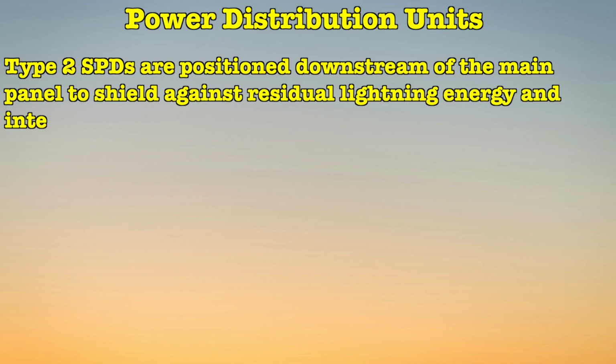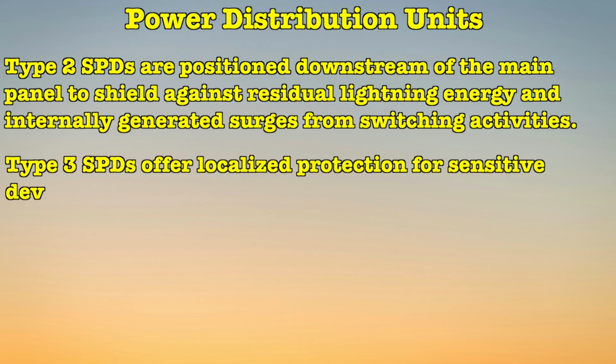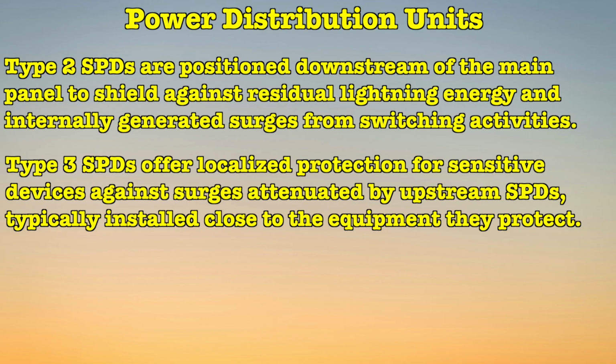The second type is type 2 SPDs, positioned downstream of the main panel to shield against residual lightning energy and internally generated surges from switching activities. Next one is type 3 SPDs, which offer localized protection for sensitive devices against surges attenuated by upstream SPDs, typically installed close to the equipment they protect.